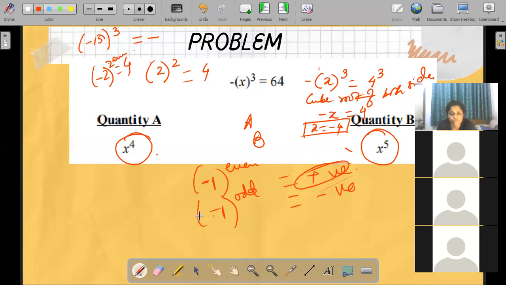Minus 1 to the power of odd power, that is 3, 5, 7, 11, like this, will give me a negative value. Clear? So I don't need to solve this also. This will give me a positive value. 5, since it's an odd number, it will give me a negative value.